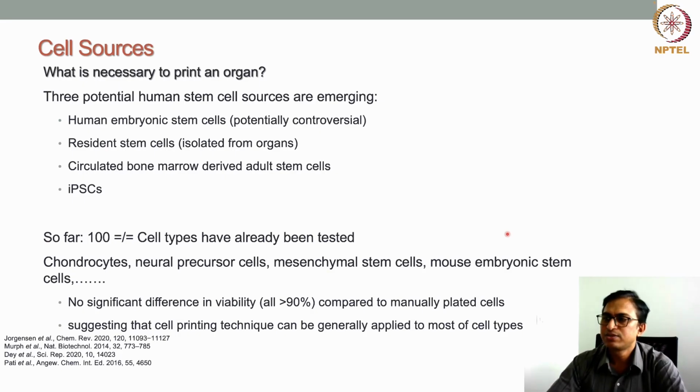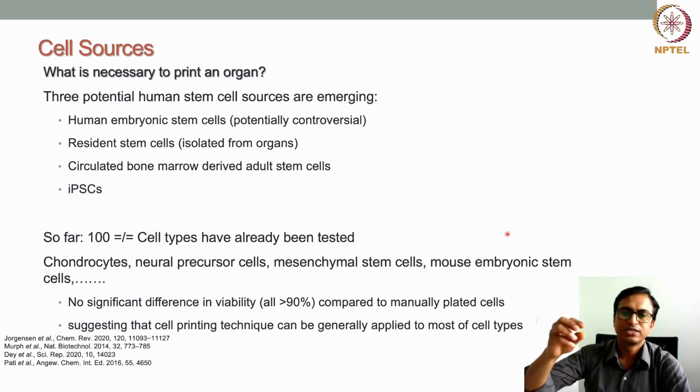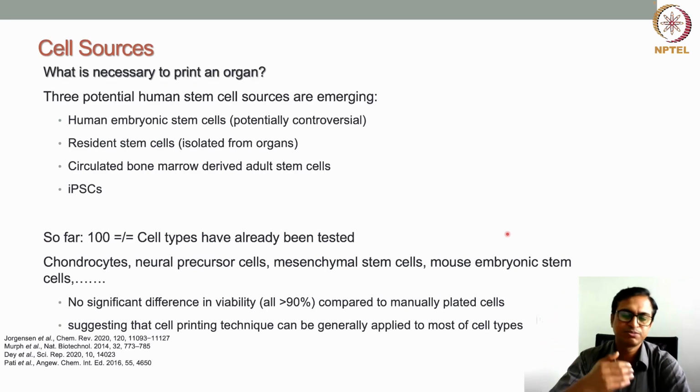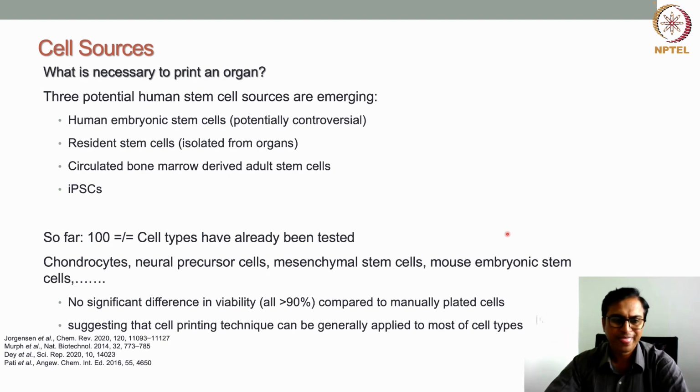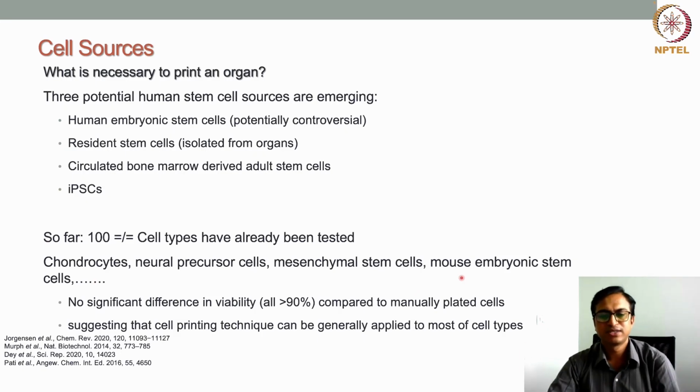That means researchers have used these cells for bioprinting or biofabrication, using extrusion based bioprinting, inkjet, or other bioprinting. I have listed only a few of the cell types here, but many more have been used and can be used.